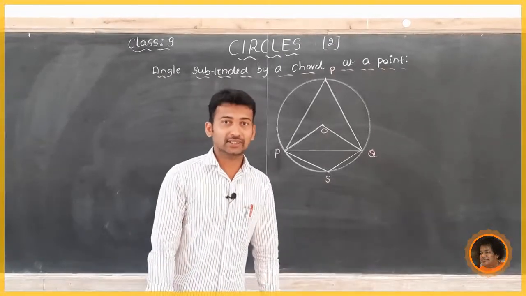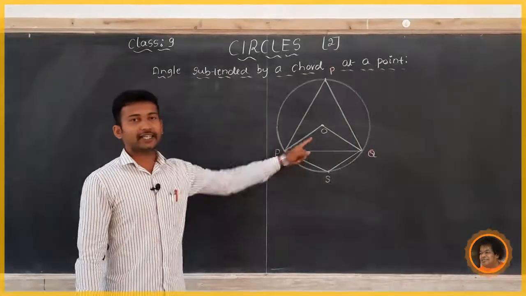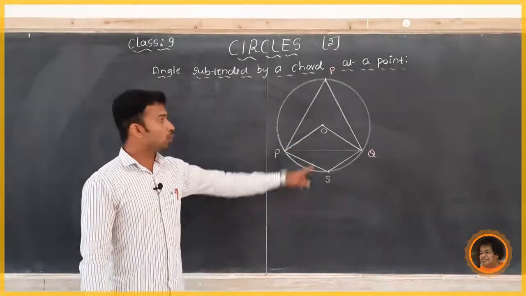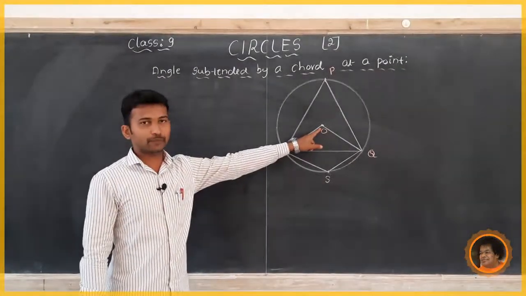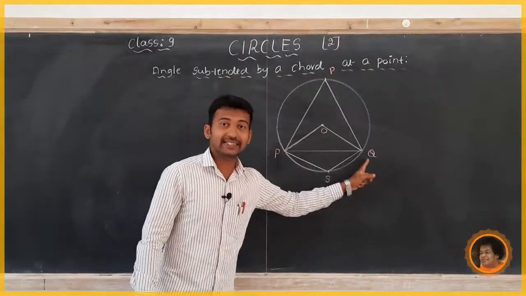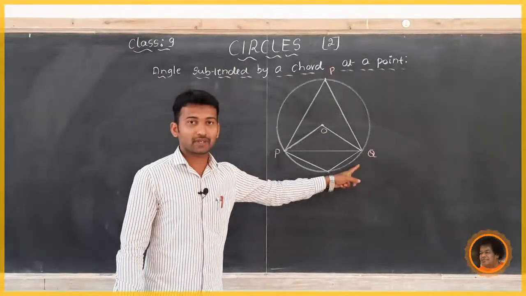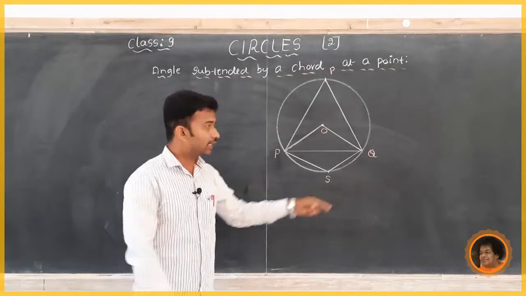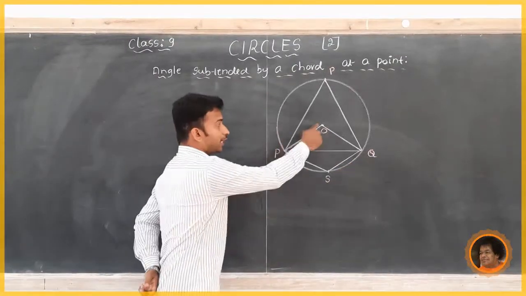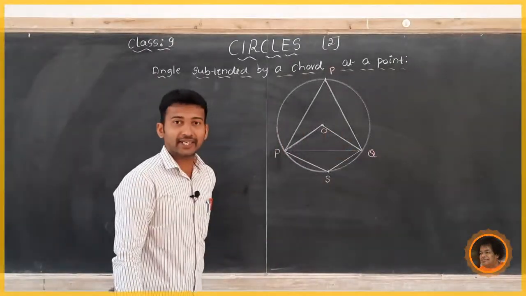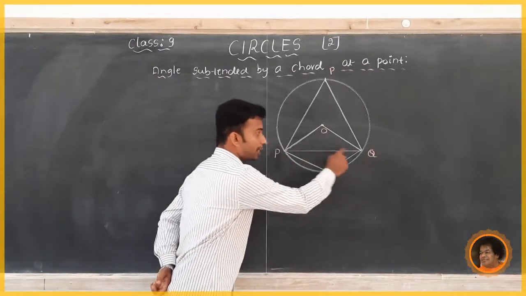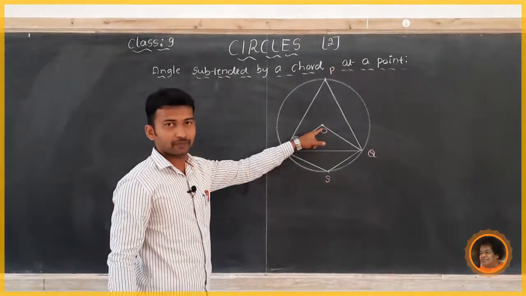In this class, consider a circle. O is the center of the circle and PQ is a chord, and angle POQ is subtended by the chord PQ at the center.